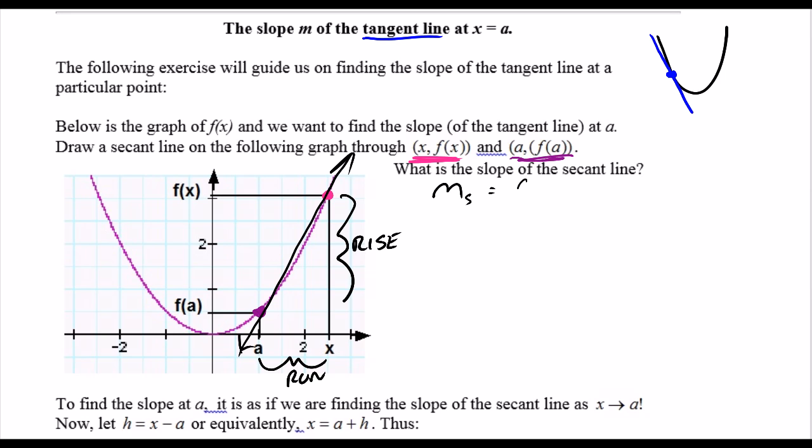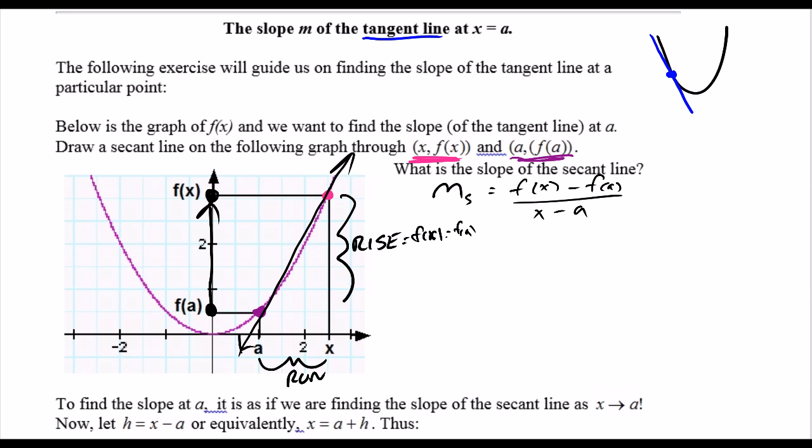Our rise is just going to be the difference between those two, and our run is going to be the difference between the other two. I started down here and I rose up. How do I find that? Well, I just subtract f of a from f of x, and that's this distance. So rise is equal to f of x minus f of a.